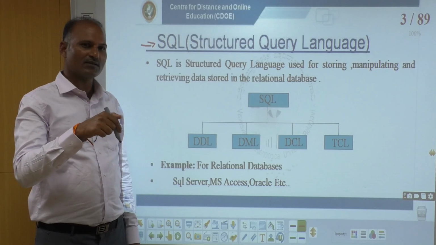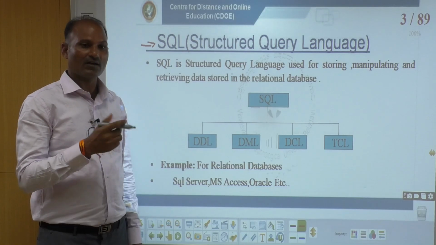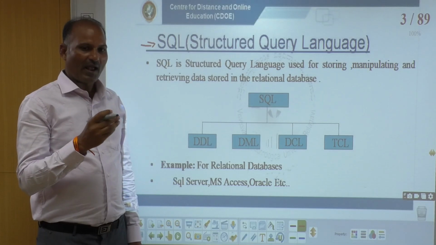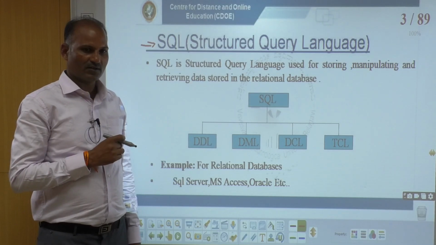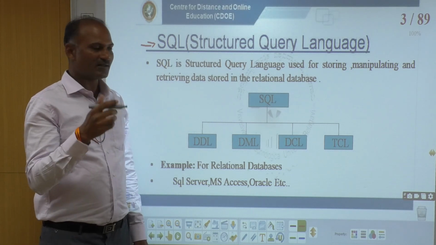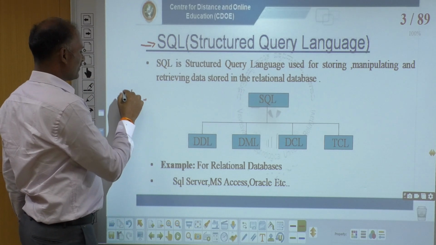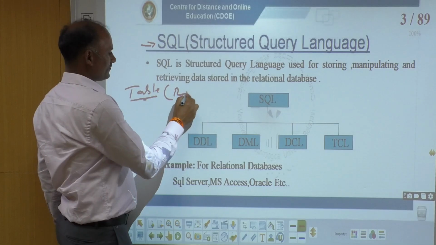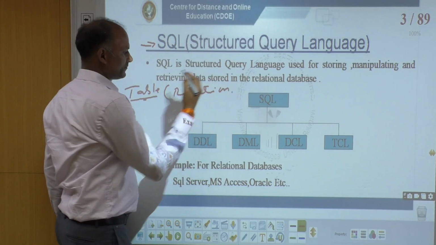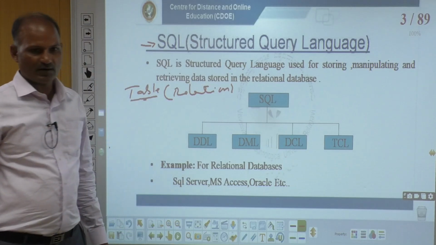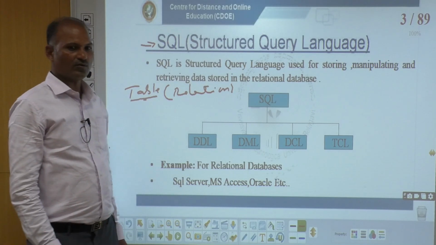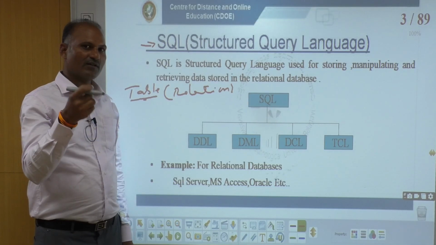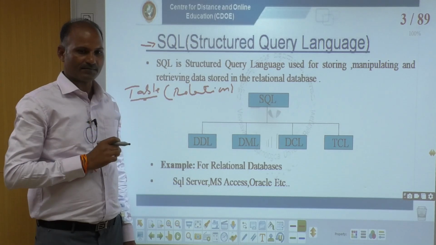Then what kind of databases does SQL communicate with? SQL helps us communicate with data stored in the database in the form of tables, which are called relations. So, SQL helps us communicate with the data that is stored in the form of tables.